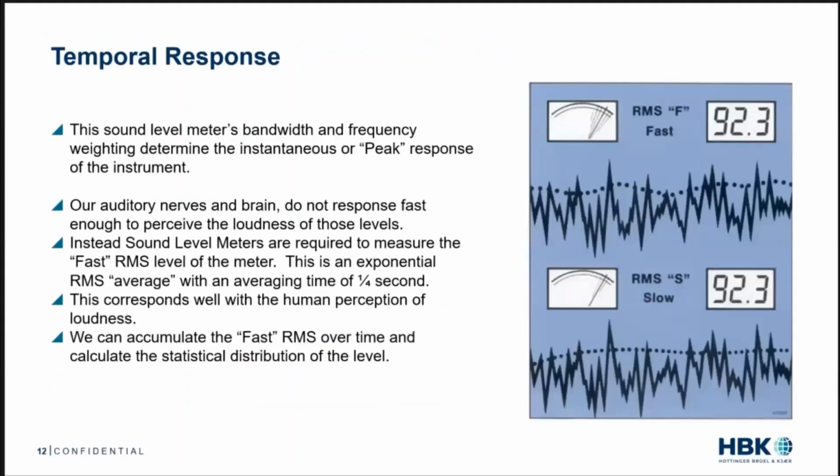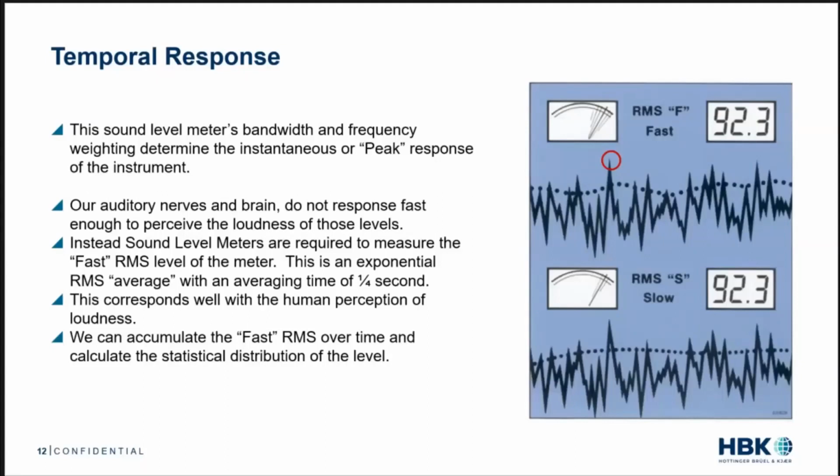The instrumentation sampling rate and frequency weighting filter determine the response time of the instrument. The positive or negative maximum swings of the stored signal determine the peak level. The eardrum responds to peak pressures, and this parameter is also assessed for hearing conservation.